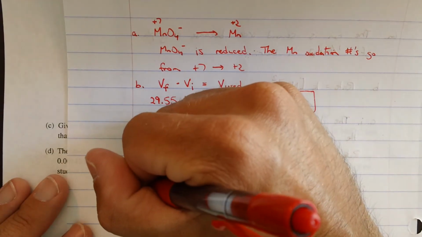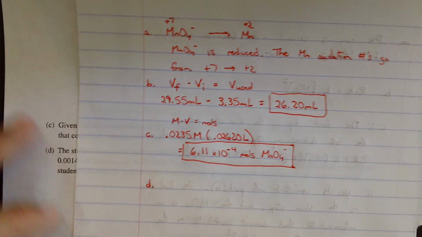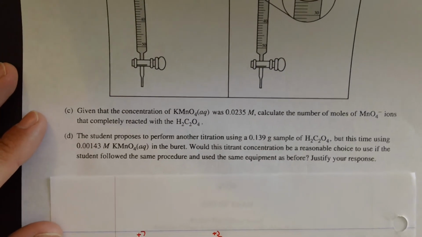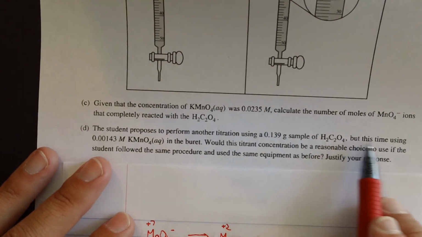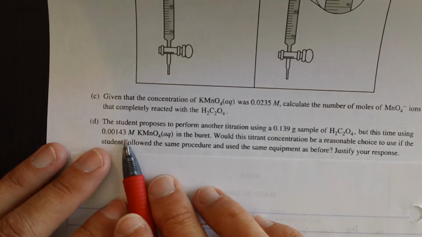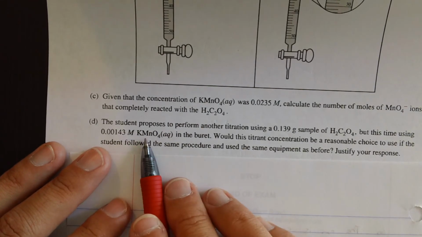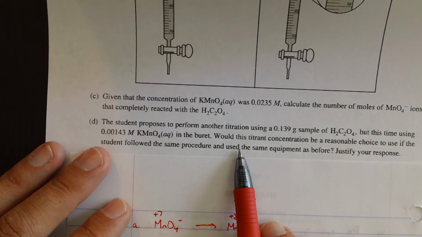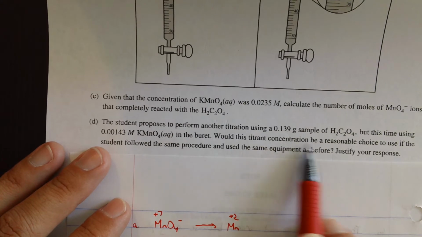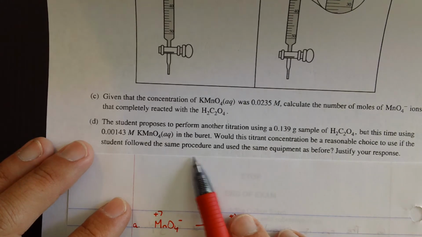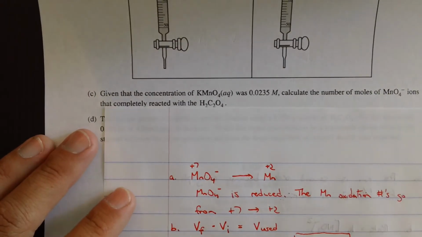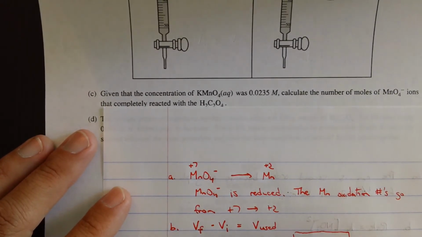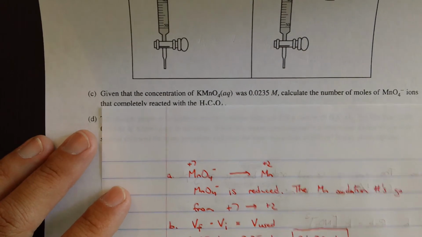Then part D, last question on the whole 2019 exam, says a student proposes to perform another titration using the same amount of oxalic acid, but this time they're going to use 0.00143 molar potassium permanganate in the burette. Would this titrant concentration be a reasonable choice if the student followed the same procedure and used the same equipment? And the answer is no. And here's why.